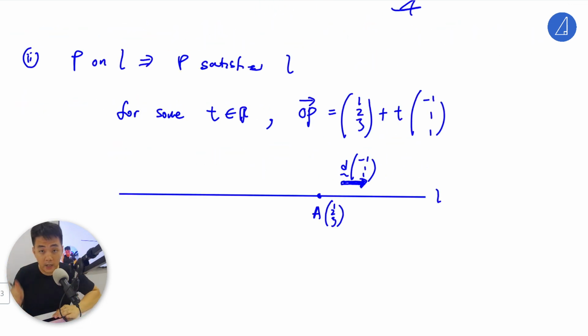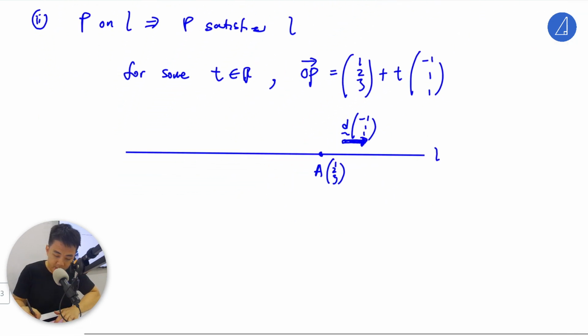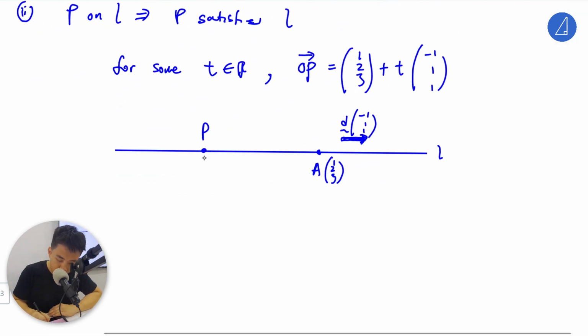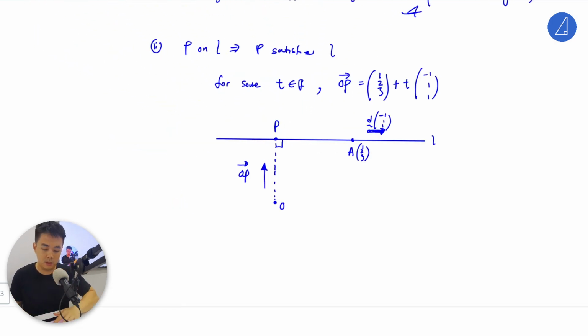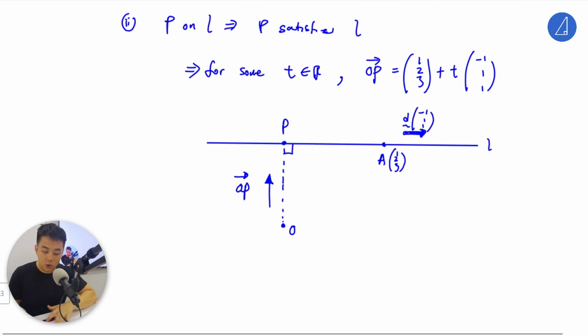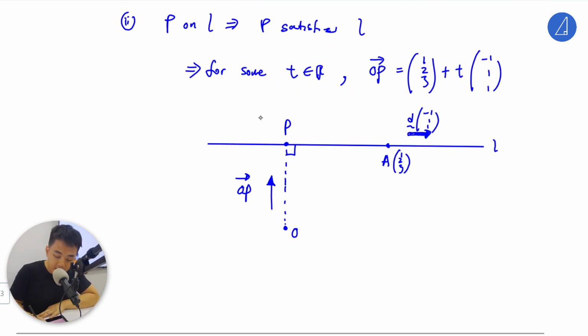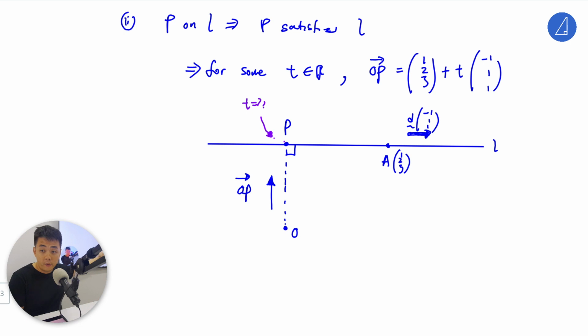You are told that P is on L such that OP is perpendicular to L. So let's say P is here, then O is here. This is perpendicular. So this is OP. Your goal now is to solve for this T, because once you have T, you can solve for the coordinates of P. Like I said, you just need to know dot product, cross product, and magic triangle.